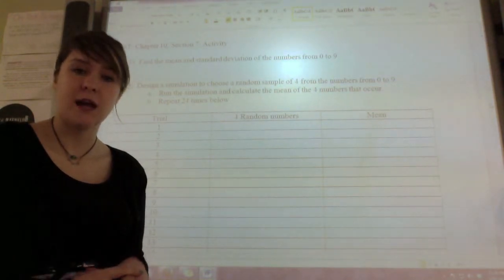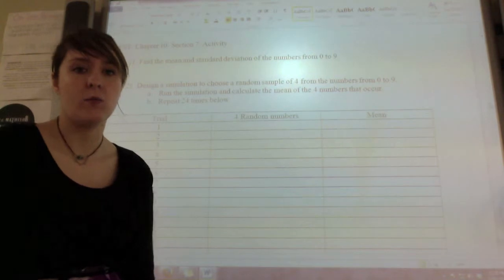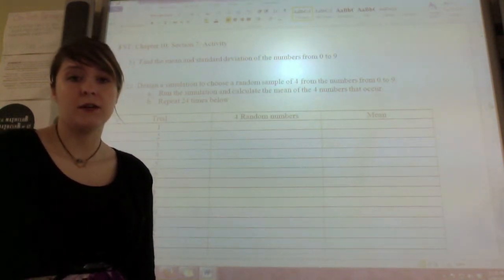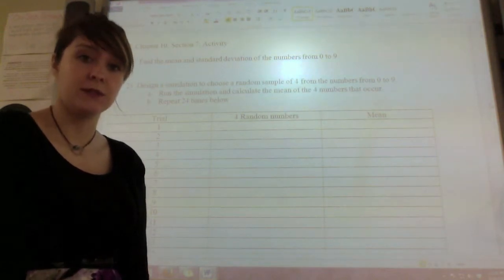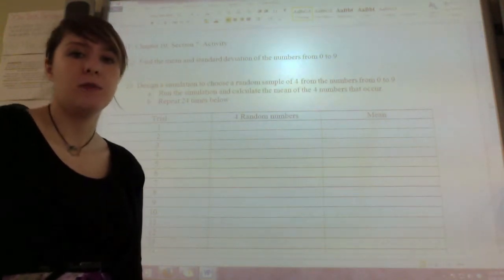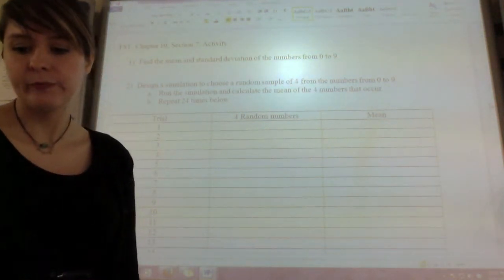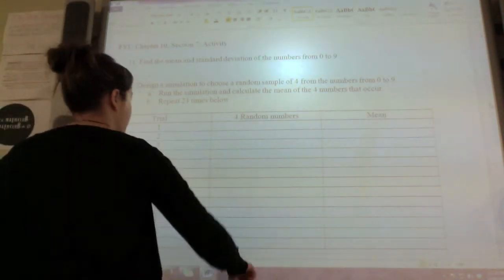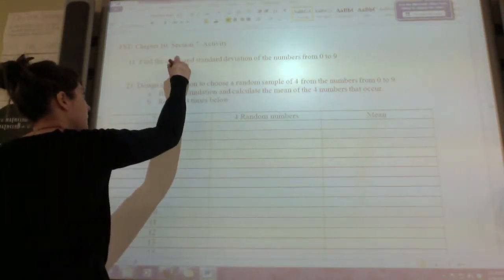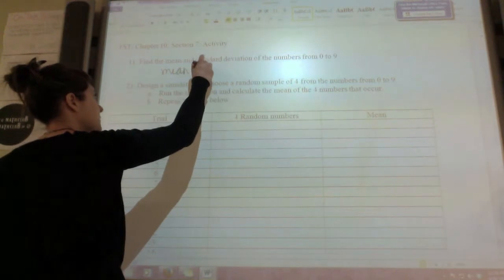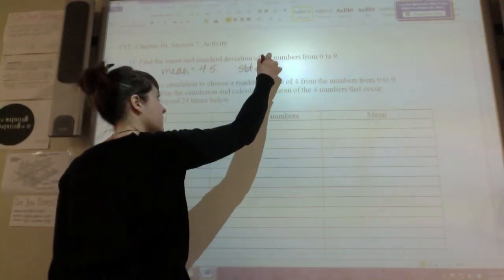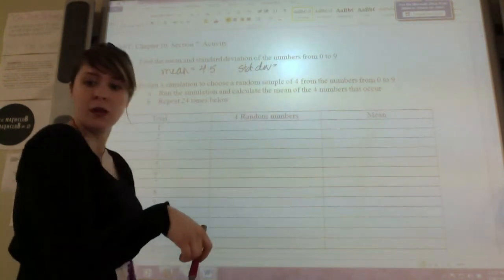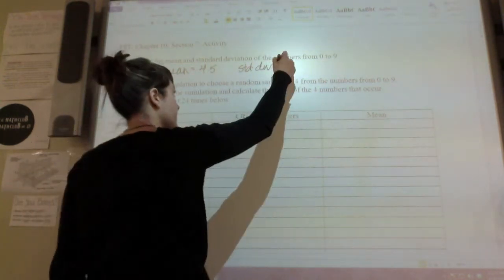If you go to Stat and then Calc and 1 var stats, it'll give you all of the information for that data set, which was 0 through 9, including the mean and the standard deviation. And you should find that the mean is 4.5 and the standard deviation is 2.872.